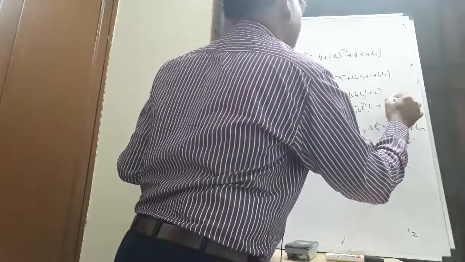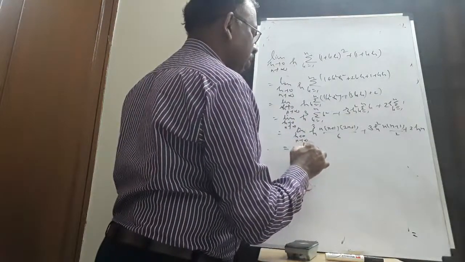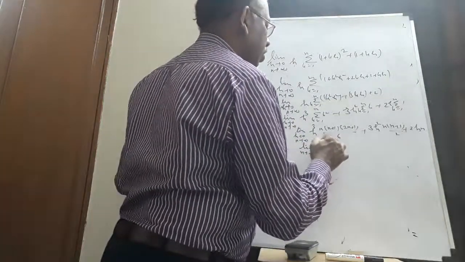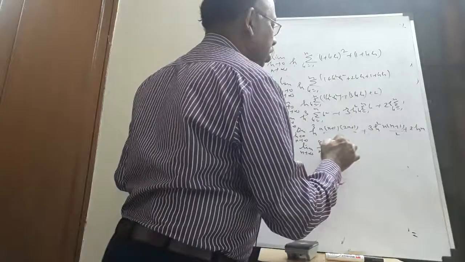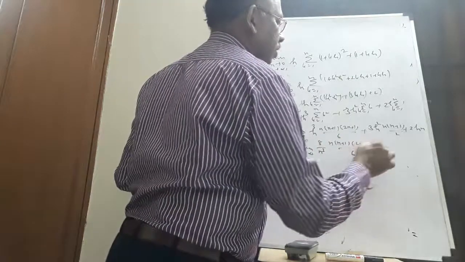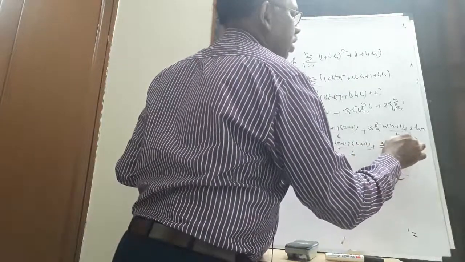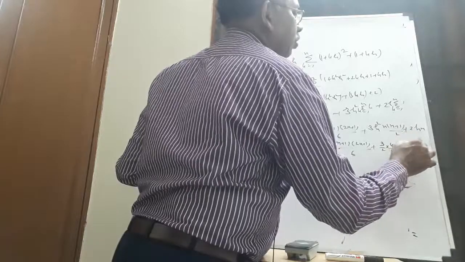There is one more h here, sorry, 2h. Therefore, this is reduced to limit n tends to infinity of 8 by n cube into n into n plus 1 into 2n plus 1 by 6 plus 3 by 2 into 4 by n square into n into n plus 1 by 2.